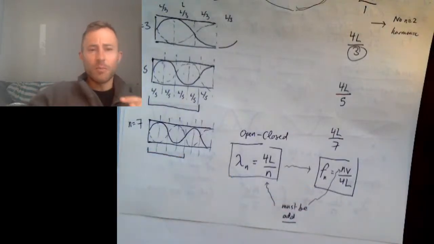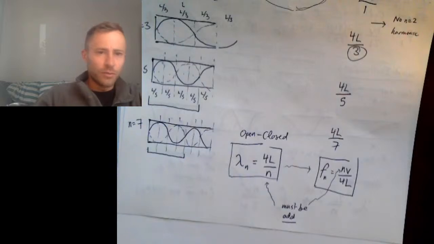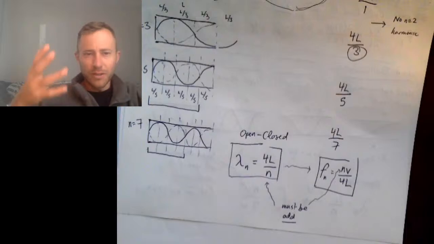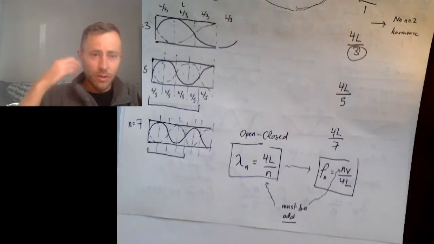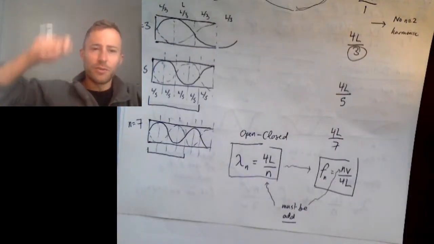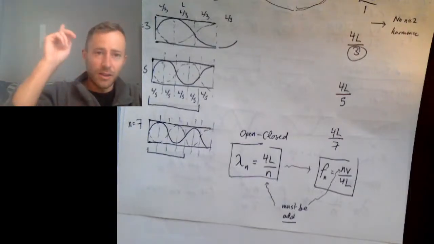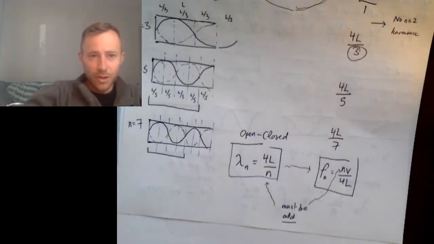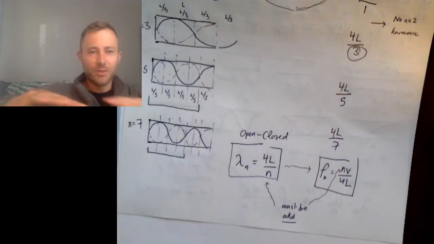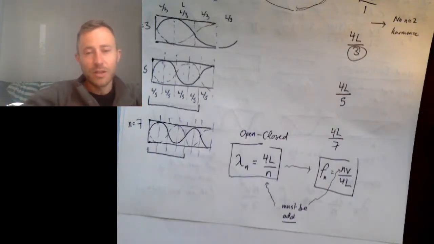So there's a lot more harmonics for drum heads, and that's the reason why drums don't really have a tone, or it's very difficult to get a tone on a drum. If someone plays a drum, you're not like, aha, that was 500 hertz. It just sounds like a beat essentially.